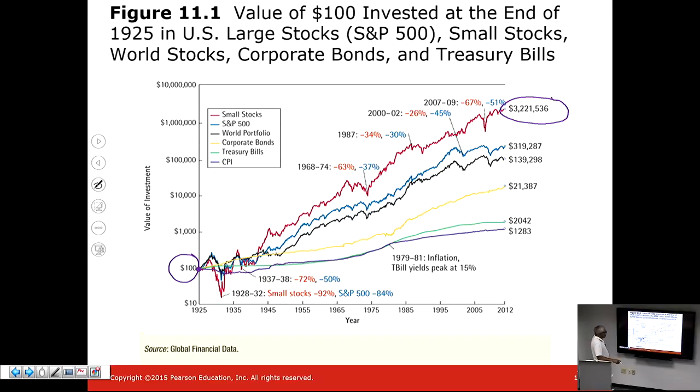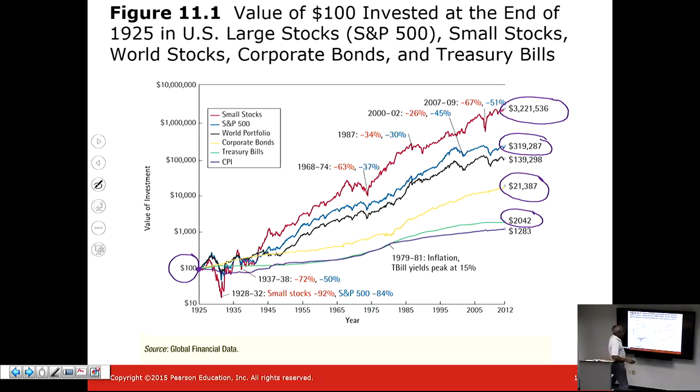The same $100 investment in the S&P 500, which is generally viewed as large cap stocks, would grow to 319,000. And the same $100 investment in, say, corporate bonds would grow to only 21,000. And had you invested in treasury bills, that would have grown to 2,042.